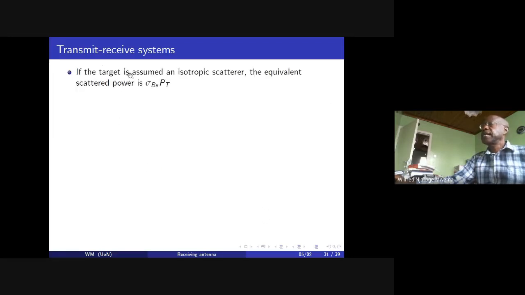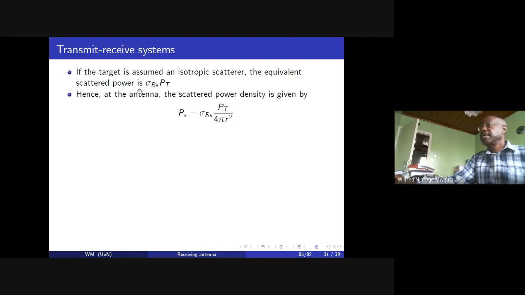So if the target is assumed to be an isotropic scatterer, that is, it scatters the received power in all directions, the equivalent scattered power is just going to be given by the effective, that is the backscatter, aperture of the scatterer multiplied by the power density P_T at the target.